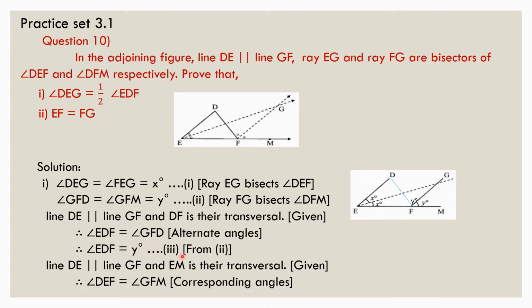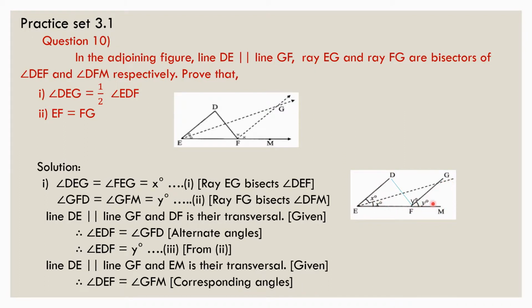Next I am taking line DE parallel to line GF and EM is the transversal. Therefore, what about the angle DEF and angle GFM? These angles are the corresponding angles.